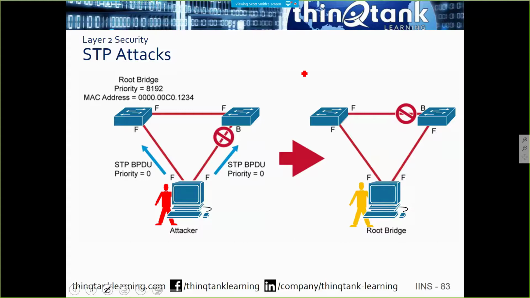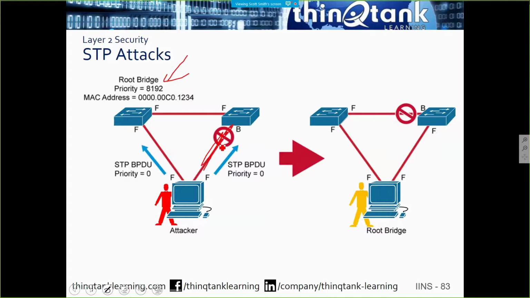I've got a switch here on the left. The switch on the left has a priority of 8192. And I've got a switch on the right that has some other priority, probably 32768 because that's the default. So the switch on the left becomes the root bridge, meaning that if the attacker has two connections to these switches, one of those links is going to be disabled because that would create a loop in the network.